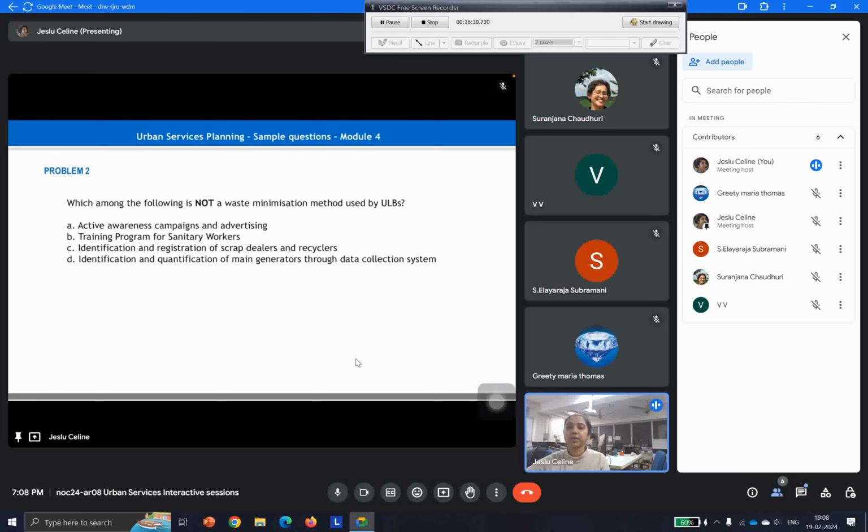So first one, active awareness campaigns and advertising. If people are more aware of the waste that they're generating, and if they know that there are methods by which this can be minimized, for instance, recyclable, reusable plastic, or returning the plastic cans to the vendors, or in general simple household level minimization methods, yes, that can be a minimization method, and that is taken by urban local bodies.